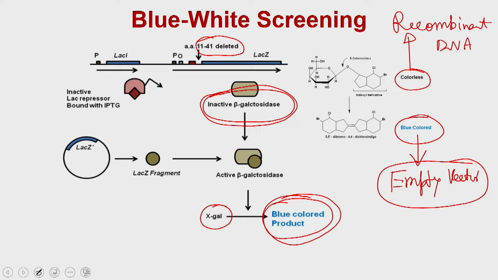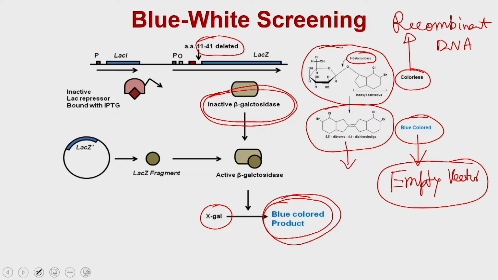The white colonies contain the recombinant DNA, whereas the blue colonies contain the empty vector or non-recombinant DNA. How is the blue color formed? When X-gal is processed by beta galactosidase, it is converted into a product called 5,5-dibromo-4,4-dichloroindigo, and this is a blue color product.